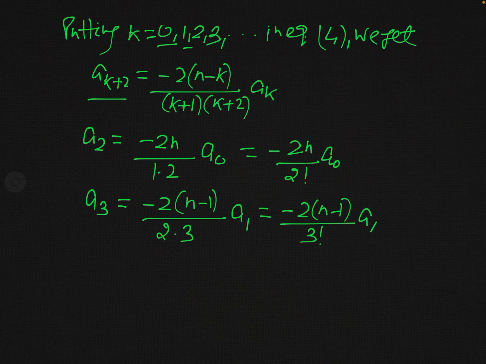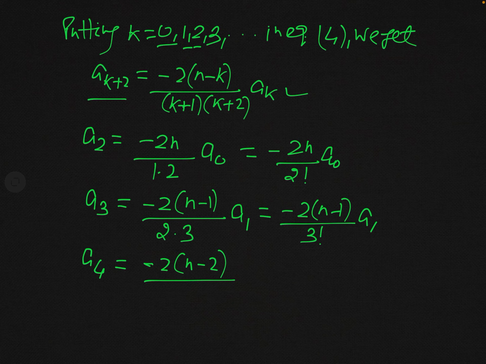Similarly, now put k equal to 2 in this equation. When we will put k equal to 2, this a k plus 2 will be a4 and this a4 will be what? You can see this is minus 2 times n minus 2 over k plus 1 and k is 2.